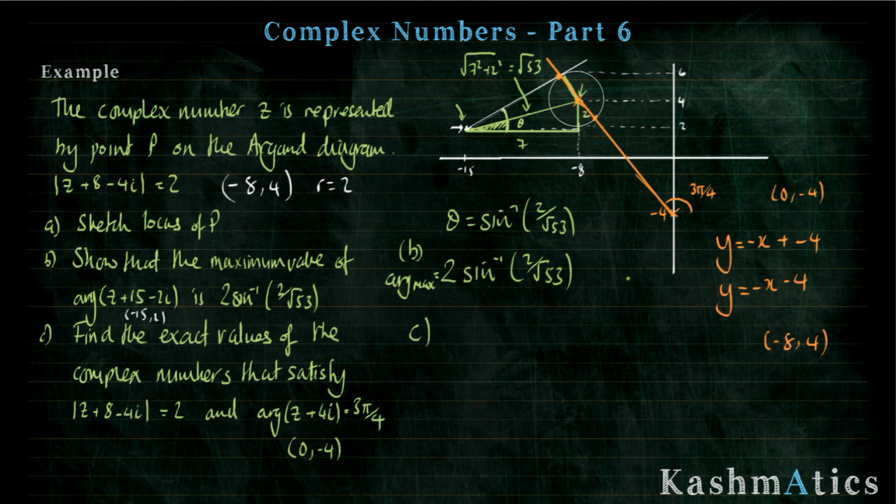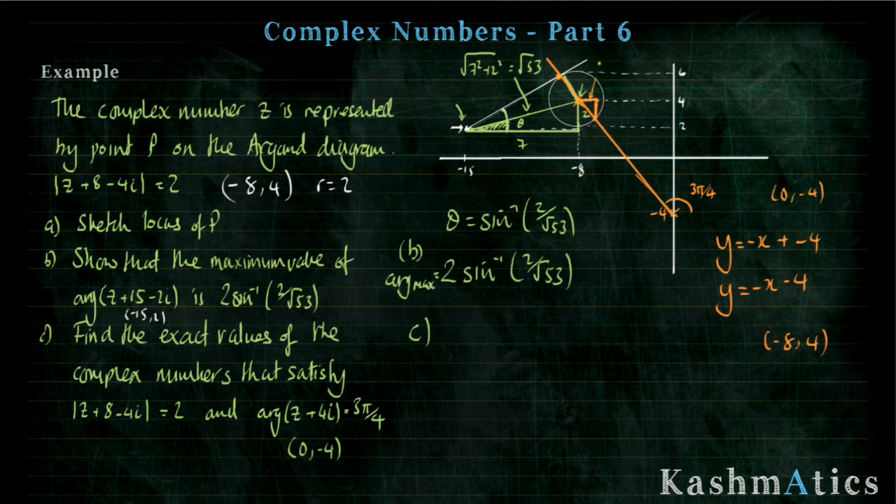Now at this point here, you might try and solve the equation of this line with the equation of this circle. Okay, but you're going to end up making a lot more work for yourself than you need to. But like I said, this angle here, this 45 degrees, makes things a lot easier. Okay, because that means that this length here and this length here are exactly the same.